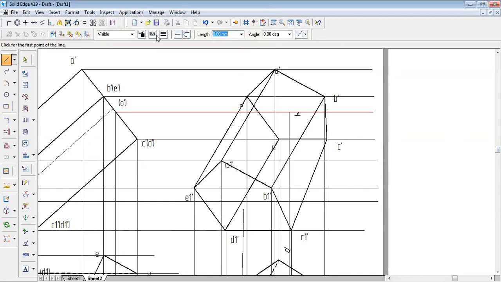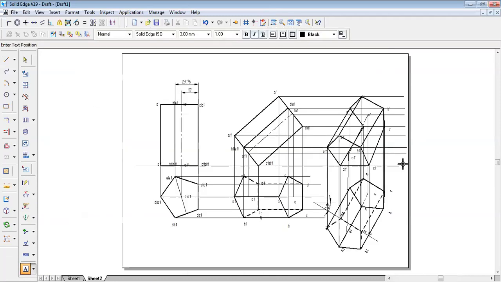Then the axis line. Axis line is O dash and O. Like this will complete. Now we have to, here little error is there.